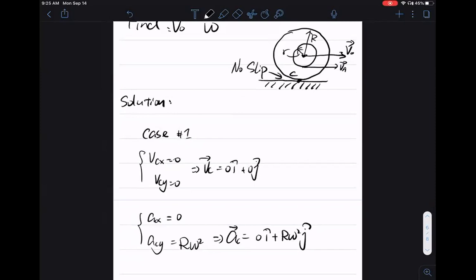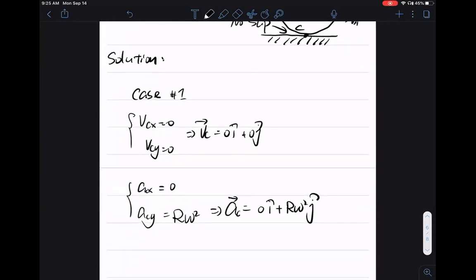Yeah, this is case one. So instantly we know that information about the contact point, point C. Okay, what's next?